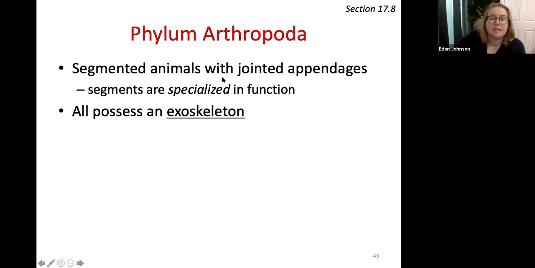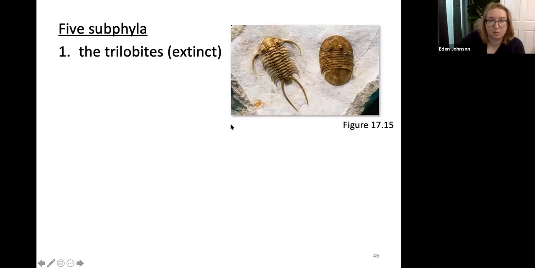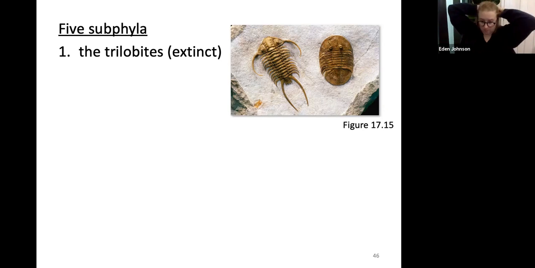Segmented animals with jointed appendages. Segments are specialized in functions. All of them possess an exoskeleton. Now we're going to go through the 5 subphyla: the trilobites, the chelicerates, the mandibulates. Okay. Let's talk about this.